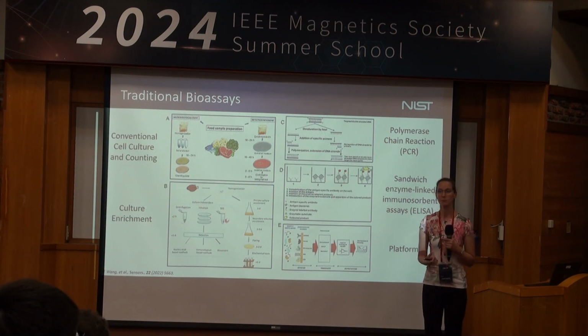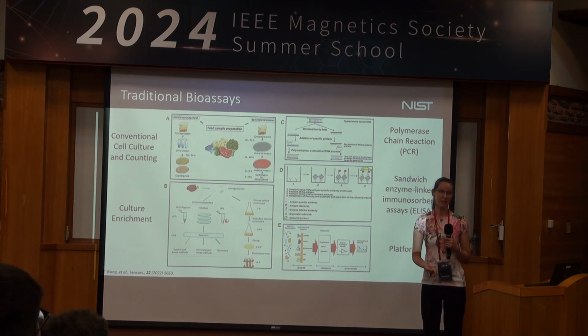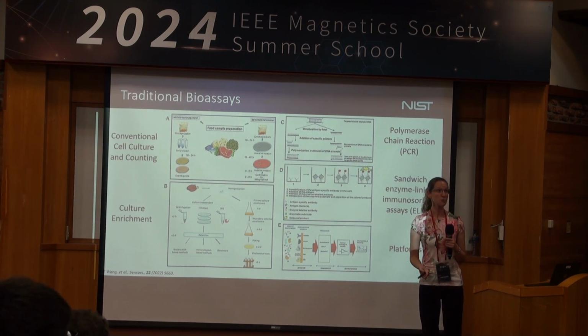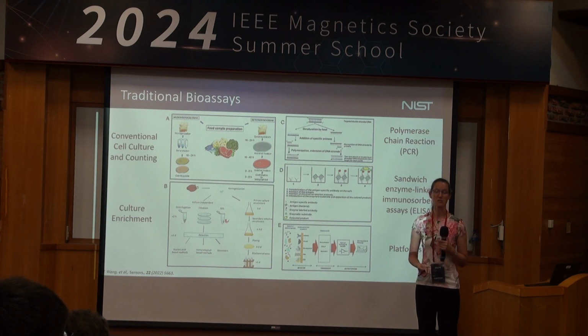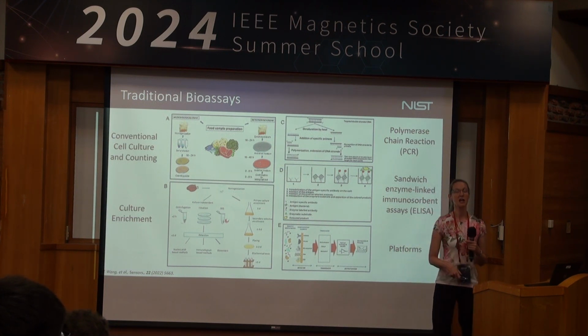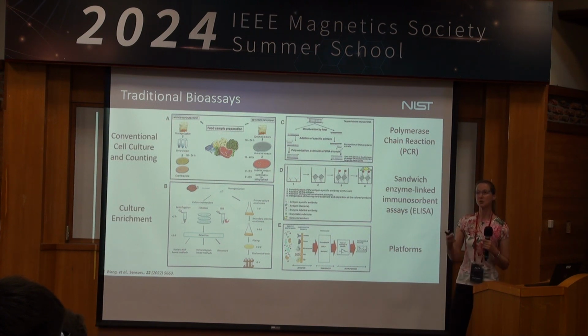So you've got to give time to the cells to actually grow and multiply so that they become visible. There's an intrinsic problem with this. If you're trying to grow bacteria that are anaerobic, you put them on a petri dish and they die. Doesn't mean they're not there, just means that you can't see them. And so this is a really big problem if anybody's ever had a bacterial infection and you can't culture it, because then you're making wild guesses about what kind of antibiotics to use to treat it.